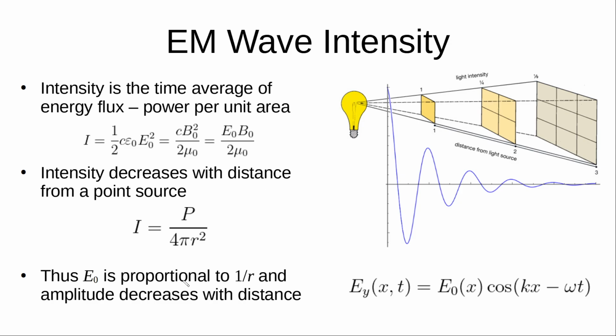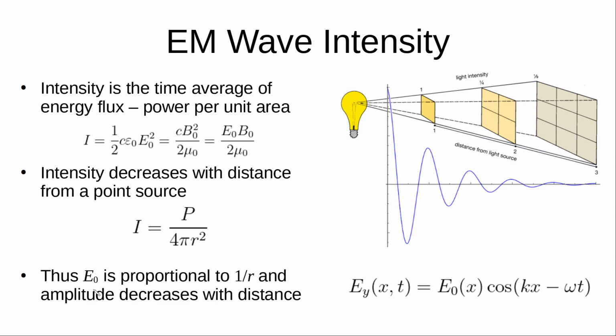Now, if you have a point source of waves or electromagnetic radiation, then as it spreads out into larger and larger circular shells, the intensity, the energy per unit area, will decrease with distance squared from the source, just according to this equation here.